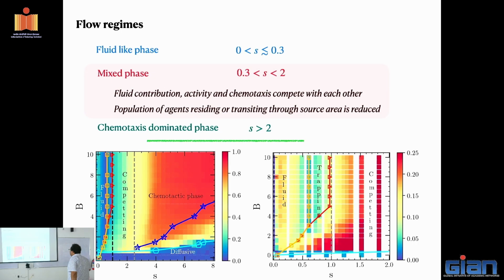What is probably happening is that fluid contribution, activity and chemotaxis are all competing with each other in that phase. And then there is a chemotaxis-dominated phase for S greater than 2, where all of them manage to reach. So if you look at this parameter space, you will see the different regimes that I have shown here.